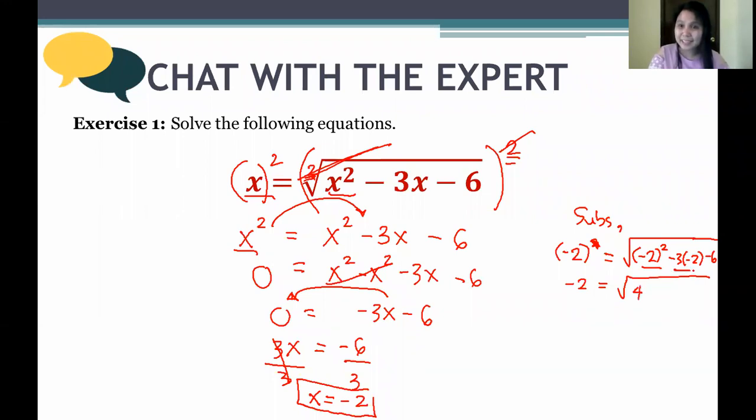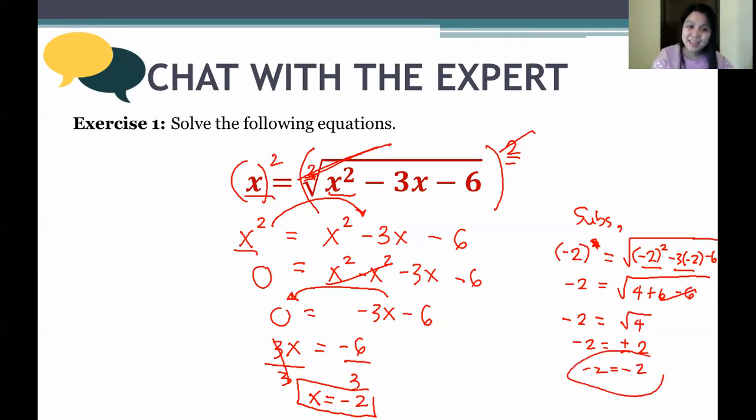Negative 3 times negative 2 is positive 6 minus 6. Next, 6 minus 6 is 0. So square root of 4 equals negative 2. Remember, what's the square root of 4? It can be plus or minus 2. So they are just the same. One answer will do. Therefore, negative 2 is a solution to the equation.